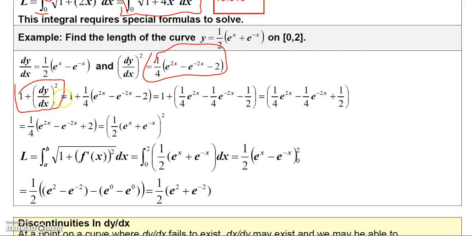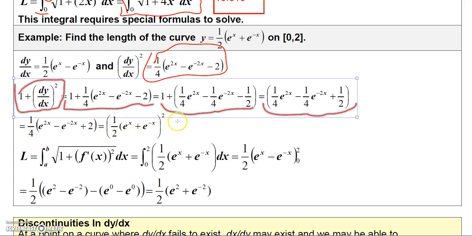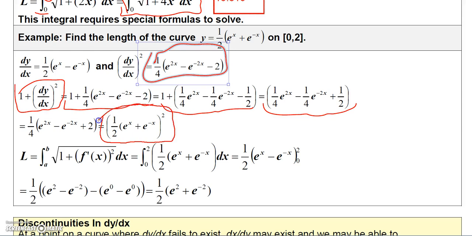So here I'm going to add 1 to the expression, and then I'm going to simplify it. I've done some algebra here, and then I simplified it here, and I kept simplifying, and I finally got it into this form right here: 1/2 times (e to the x plus e to the minus x) quantity squared.